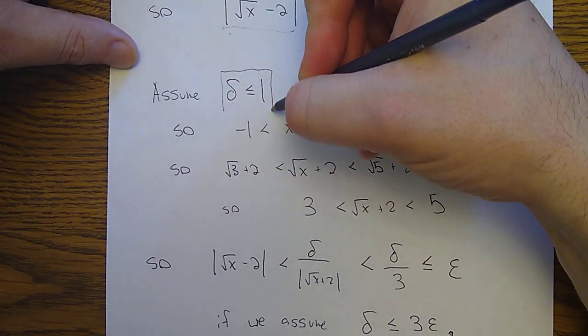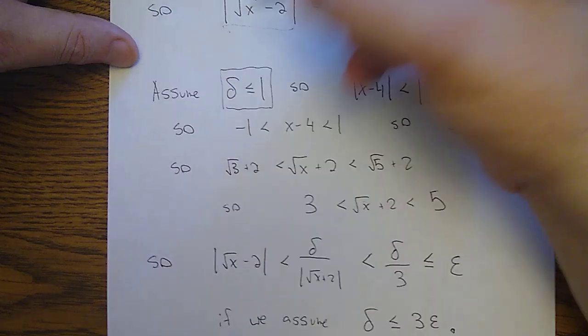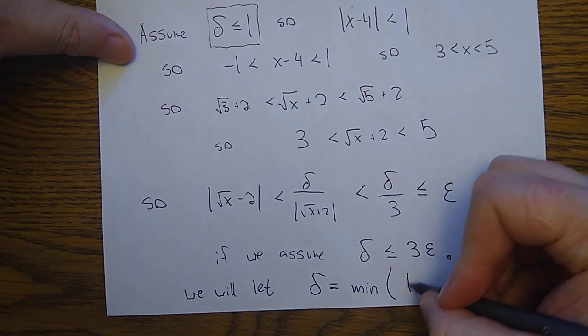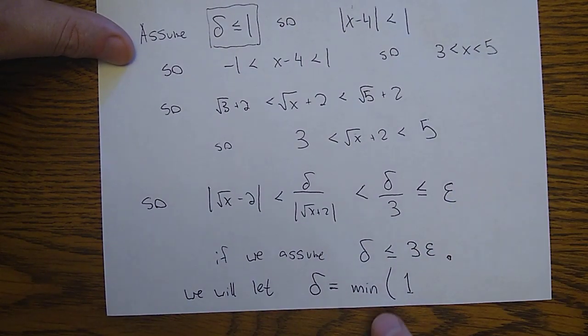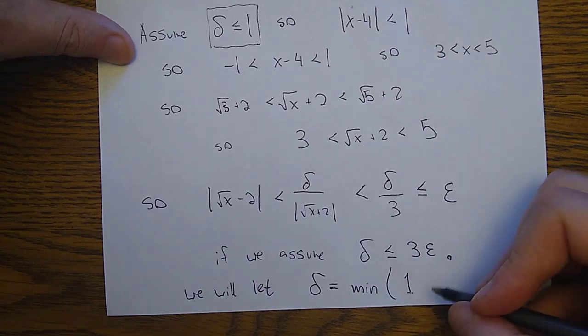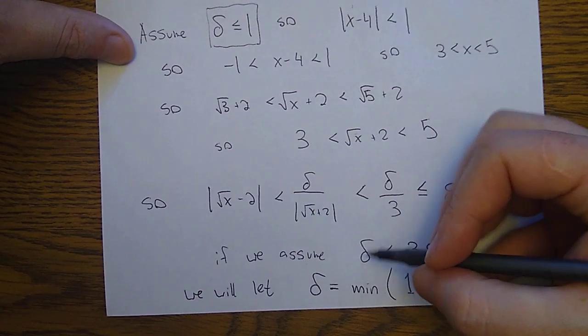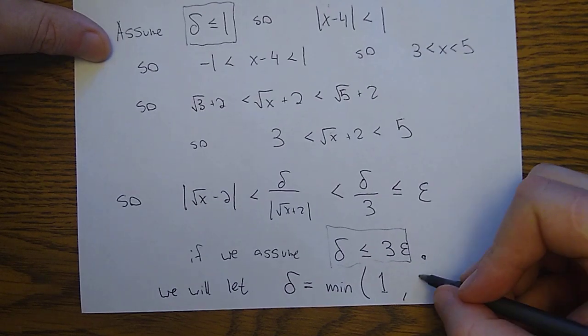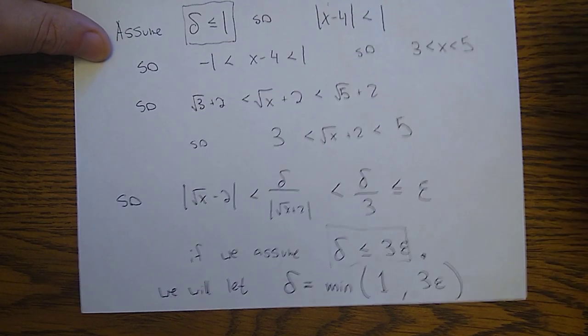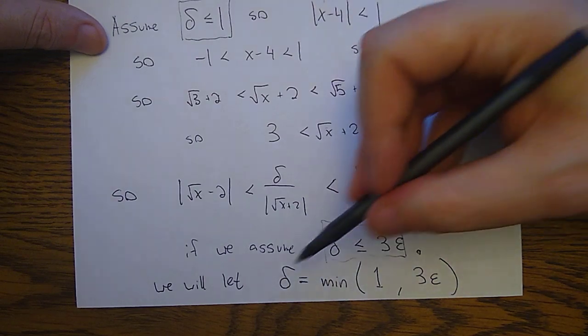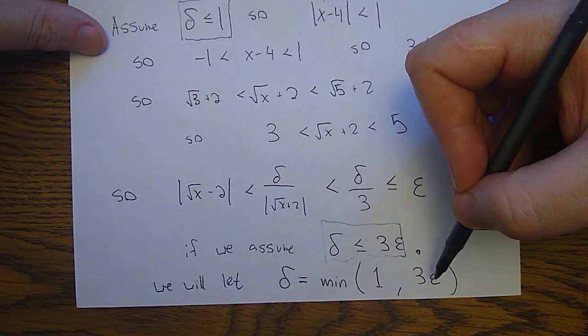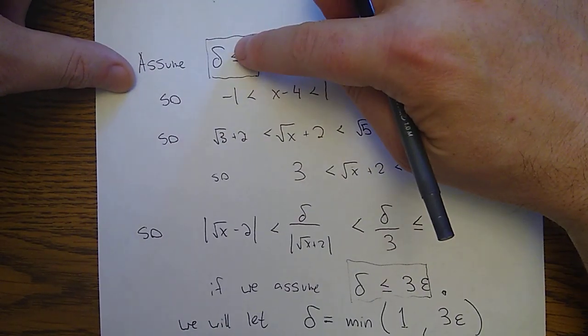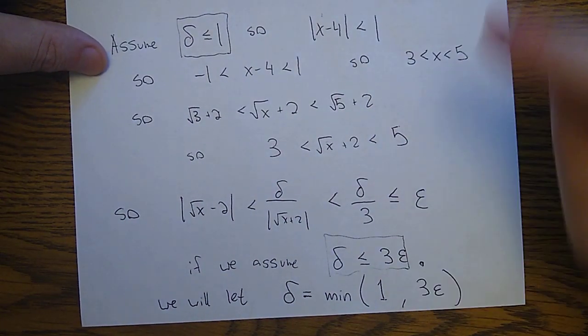I found that it was convenient to assume that delta was less than or equal to 1. So that's going to be one of these things. I also found it necessary to assume that delta was at most 3 epsilon. So I'm going to let delta be the min of those 2 numbers. That way this will be true and this will be true.